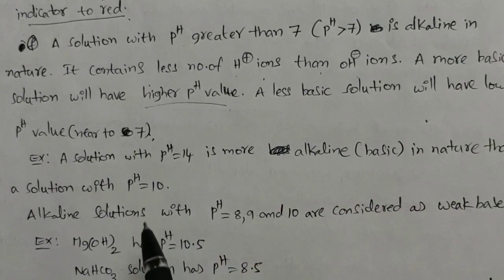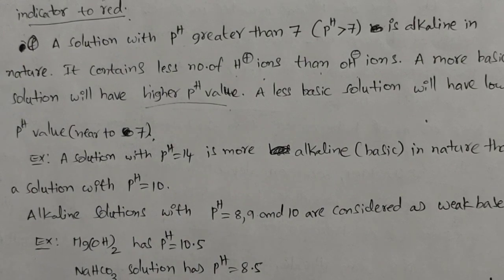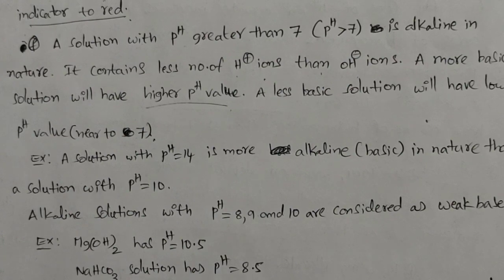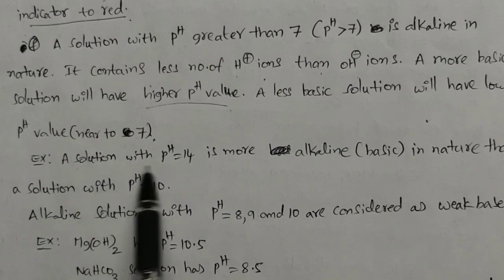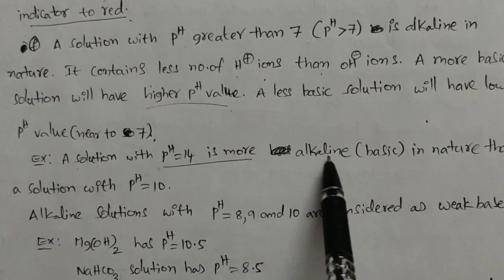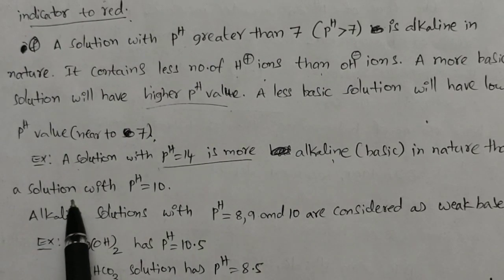So for bases, the pH lies between 7 to 14. Bases having pH 8, 9, 10 are said to be weak bases, and bases having pH above 10, that means 11, 12, 13, are said to be strong bases. For example, a solution with pH 14 is more basic than a solution with pH 10.